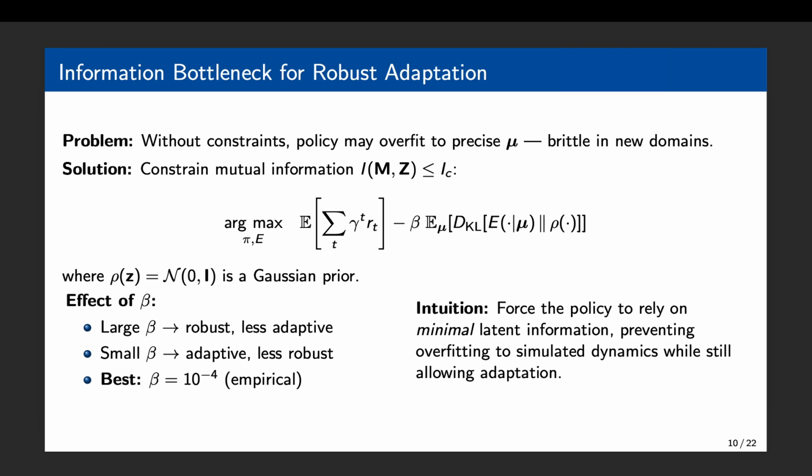A small beta lets the policy use more information, making it more adaptive but more brittle. Through experiment, they find that beta equal to 10 to the power of -4 strikes the best balance. I will show the ablation results in a moment.